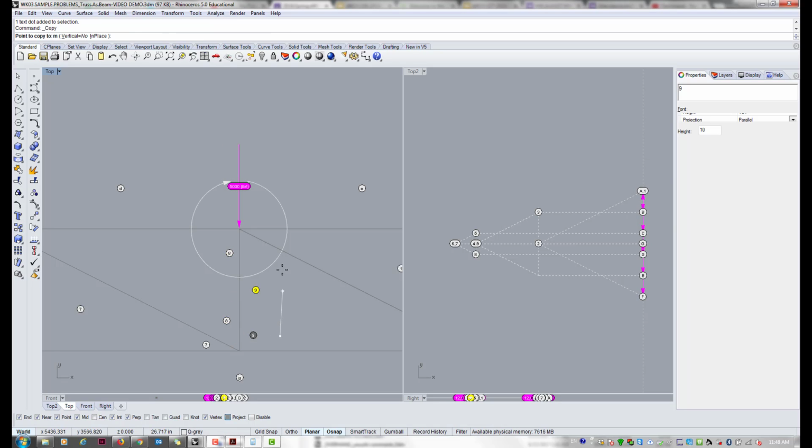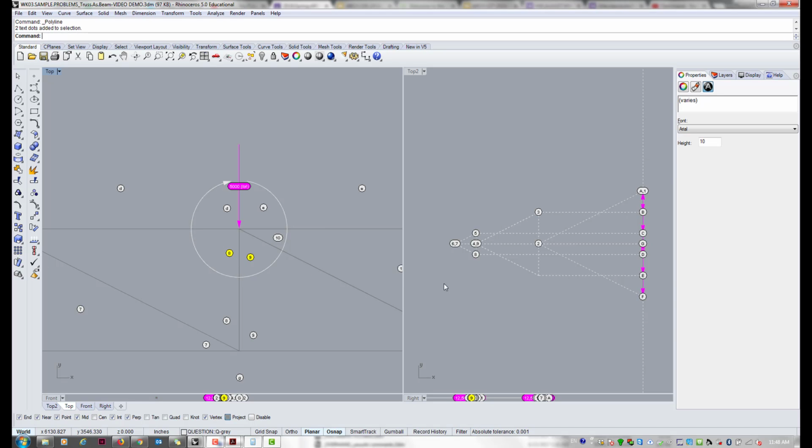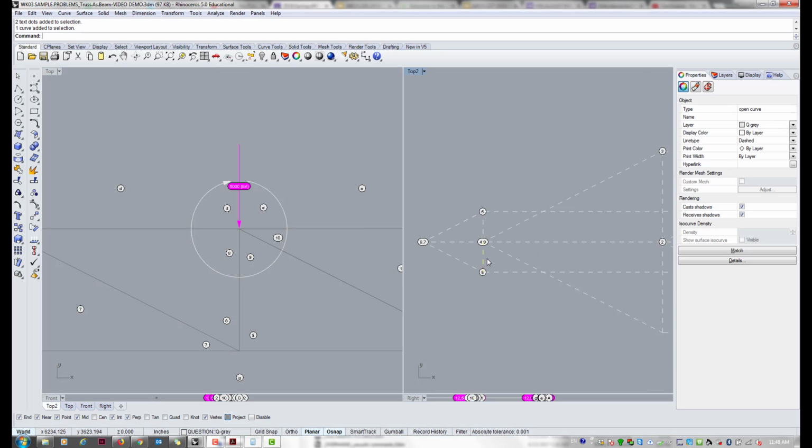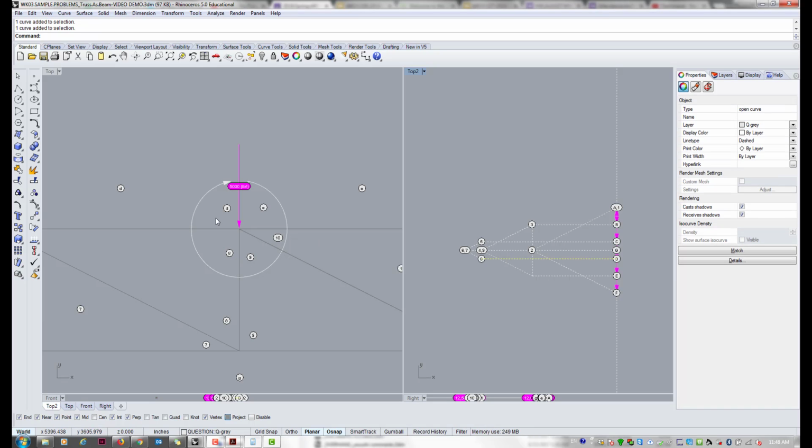Moving to the next node: zone 8, zone 9, D, E, and 10 is here. Looking at the vertical one first, between 9 and 8 there's a vertical force, so it's already mapped here as 9, 8. 8D is already mapped here as horizontal.